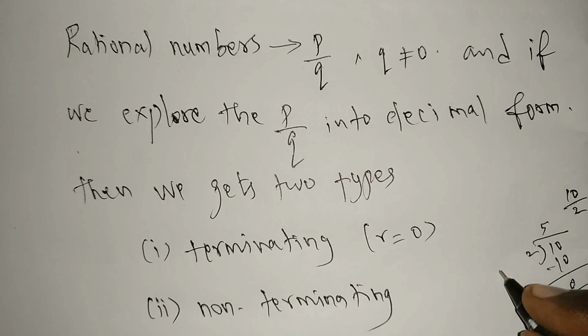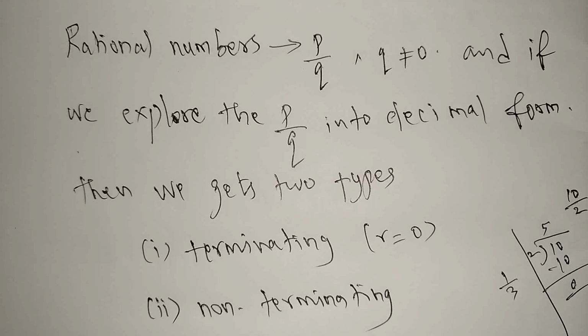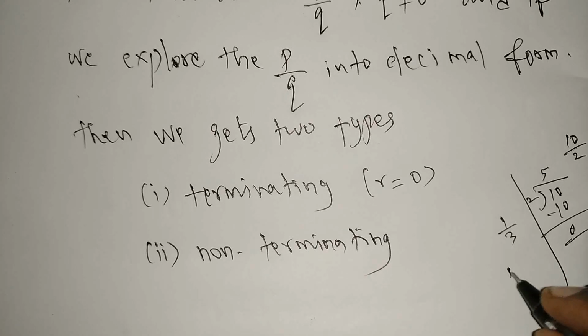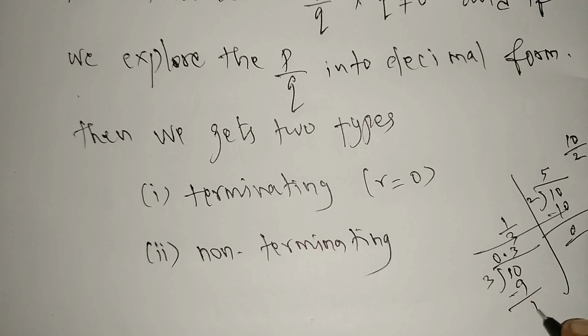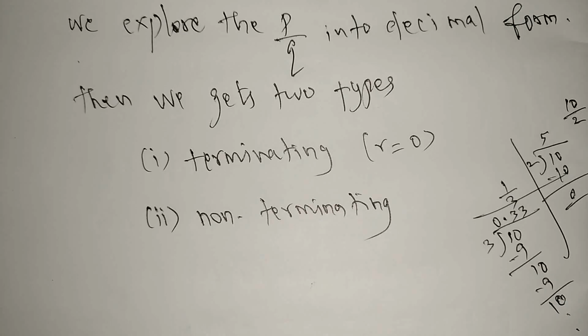Suppose the remainder is not equal to 0, like 1 by 3. If you divide 1 by 3 by long division, there is no 3 in 1, so I put 0 point, then 10. 3 threes are 9, again remainder 1, again 10, and it will continue like that. So here the remainder is not getting 0.